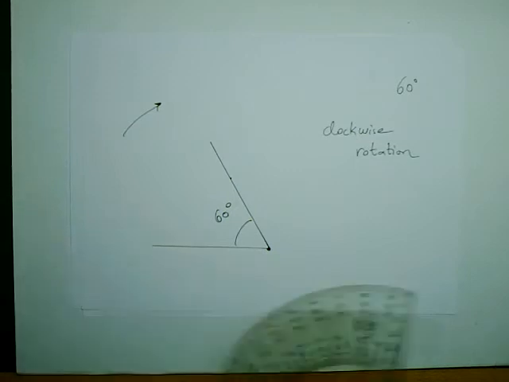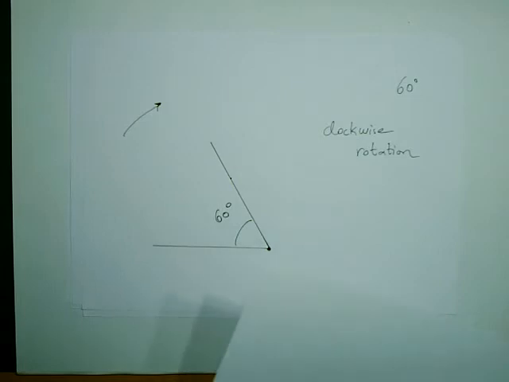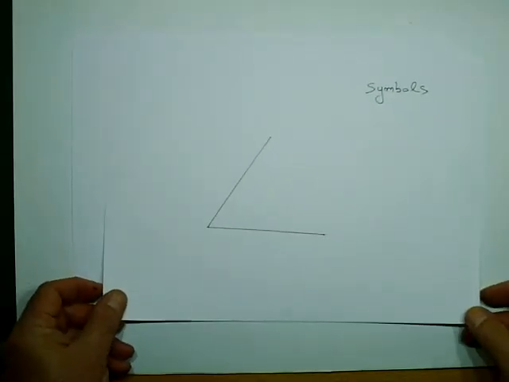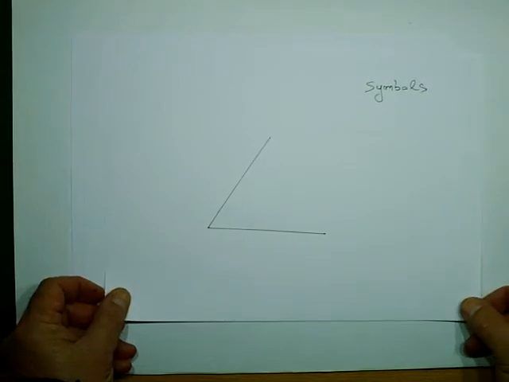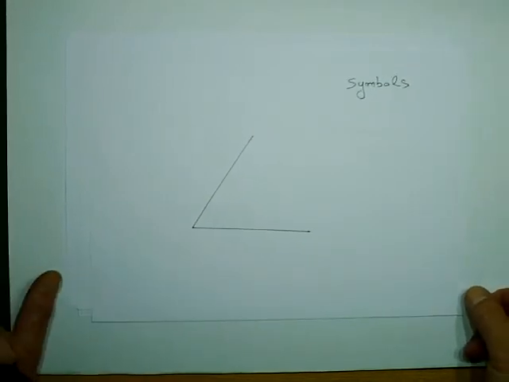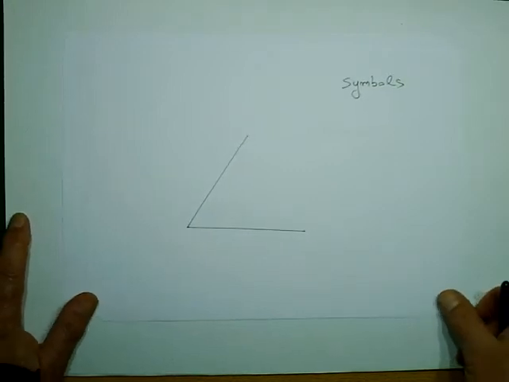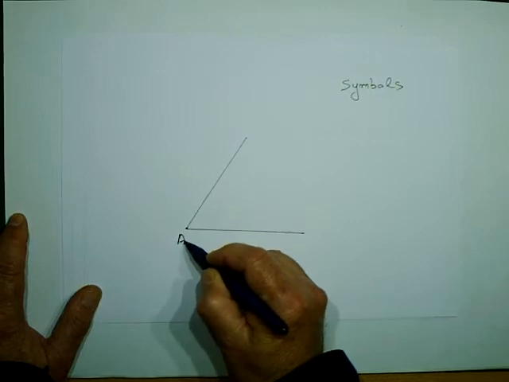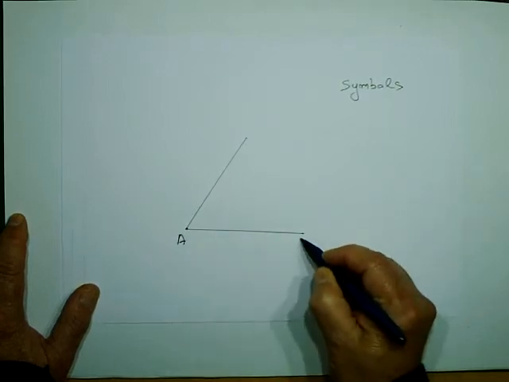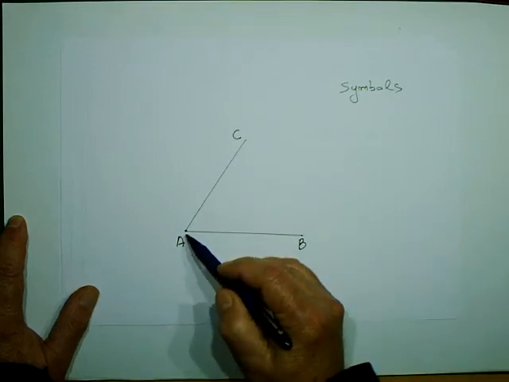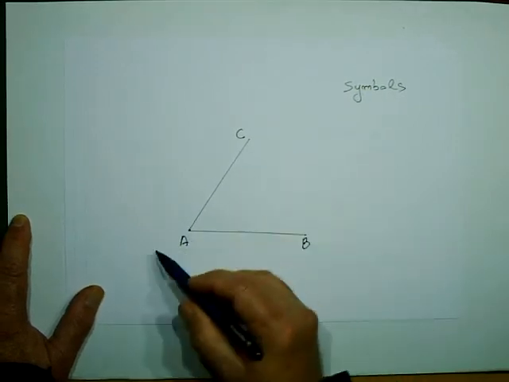Now that we have learned the basics, we are going to extend our knowledge a bit more, so we can refer to an angle using symbols. In geometry, we use symbols. This is our angle. Let's say this is its vertex A. This is point B. This is point C. These are the two sides, AC and AB.